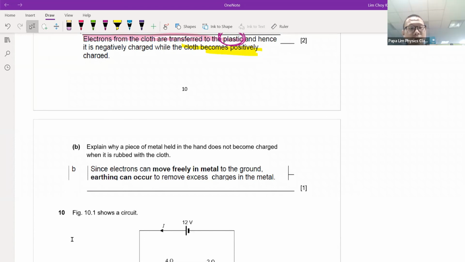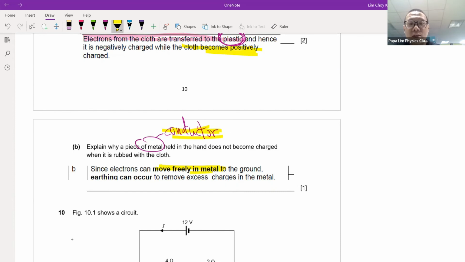So the answer follows a standard, logical process. Next: explain why the metal rod in the hand will not be charged. Metal is what we call a conductor. Why is it a conductor? Because it means the electrons can move freely in it. And what do we mean by freely?